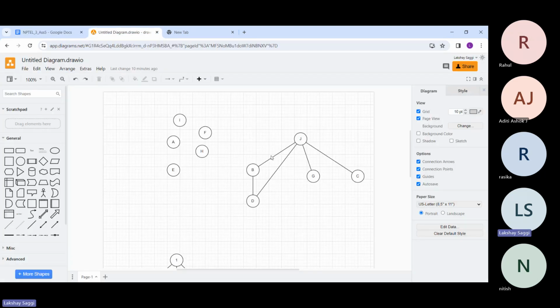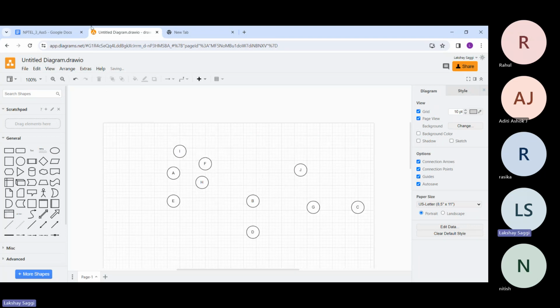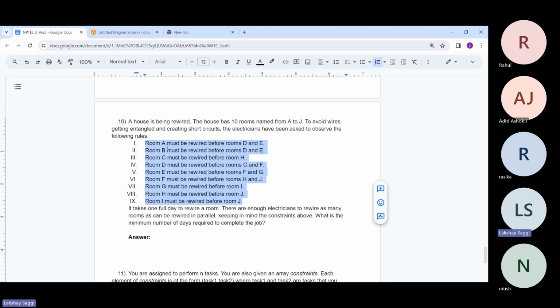So let's assume we are given these rooms. So these are the rooms given to us, the A to J rooms. And now let's say we add all these constraints.